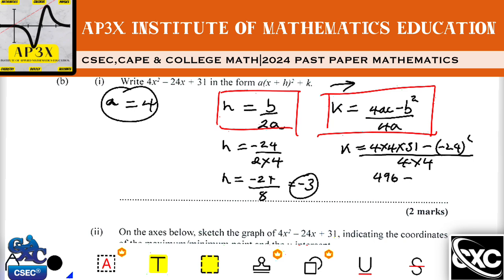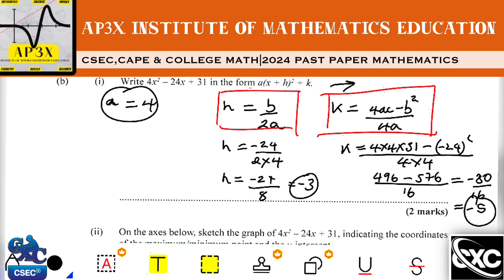Then we subtract: when we square 24, we get 576, all divided by 4 times 4, which is 16. So 496 minus 576, we end up with negative 80 over 16, which works out nicely to be equal to negative 5.